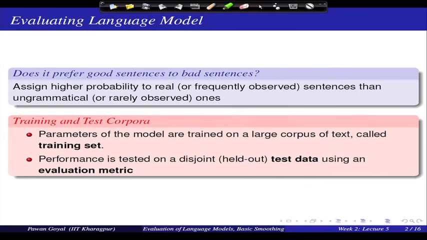Once I have learned the language model from my training set, I test whether it is providing a high probability for my test data, and I will have some evaluation metric for finding out how good this model is doing on my test data. By this method I can even compare across different language models. If I have learned 3 different language models, for example, I can find out which one does better on my test data, and that will be the best model.